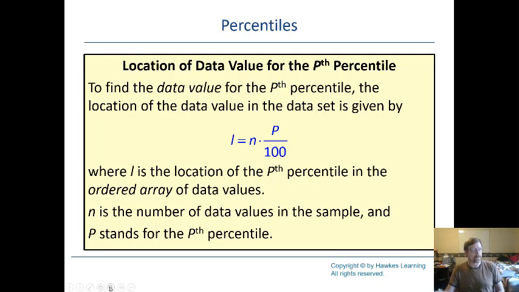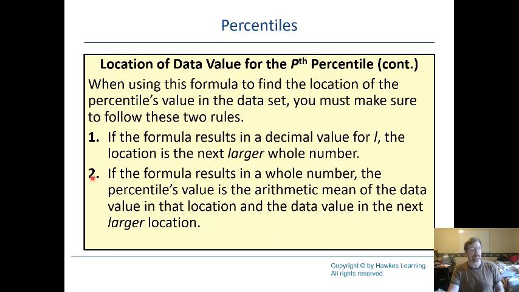It's important to note that this needs to be an ordered array of data values. We're typically going by whole numbers. If we get a decimal value, we want the next larger whole number.